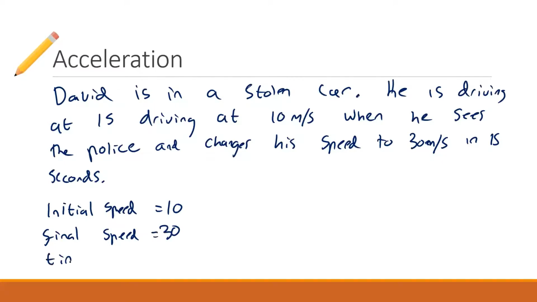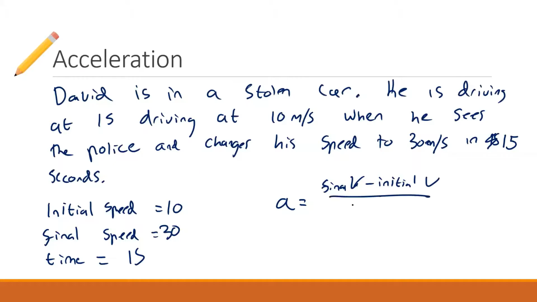How long does it take to change from 10 to 30? 15 seconds. So therefore a equals your final v minus your initial v divided by t, which is time.